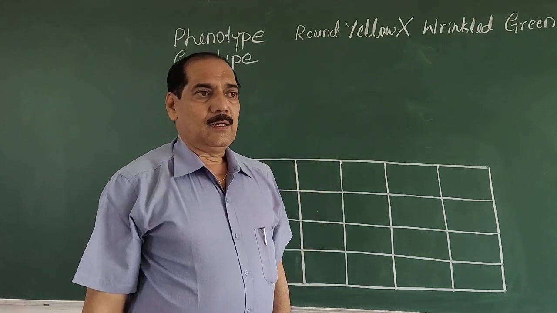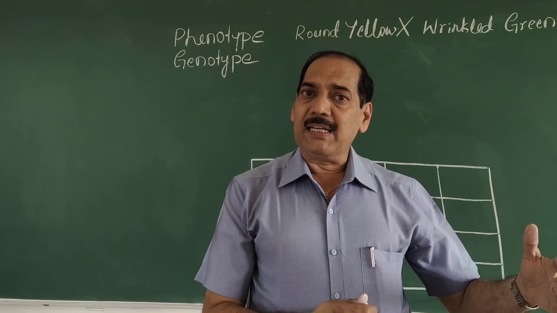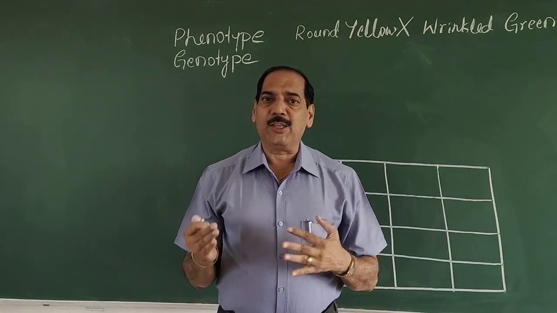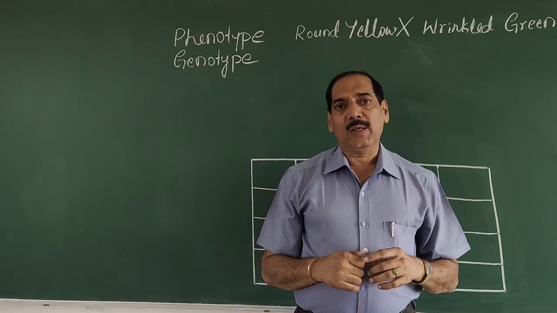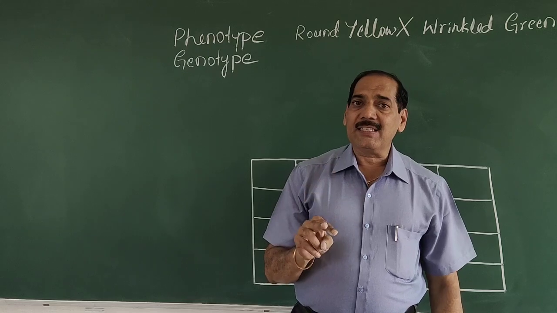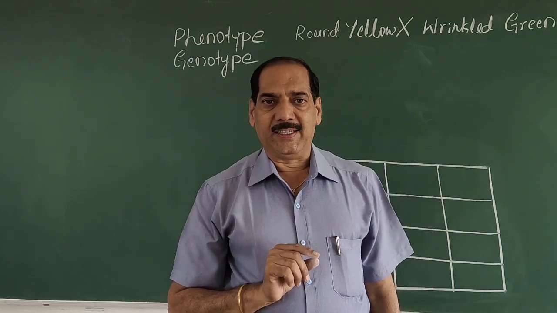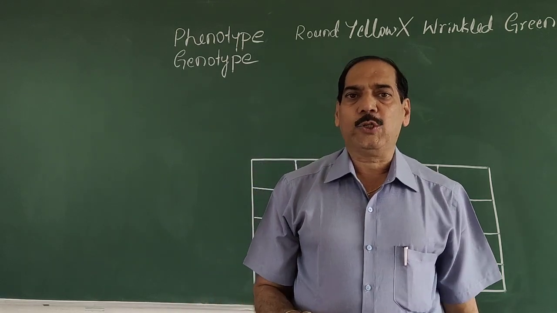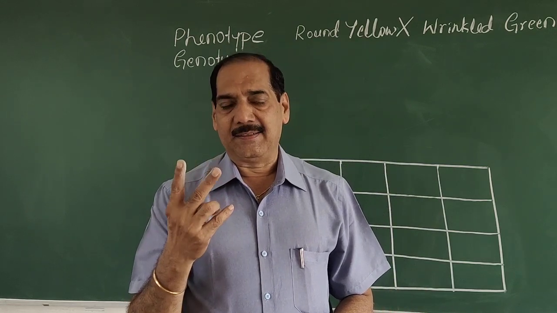Yesterday we took for tall a capital T and capital T. Dwarf we denoted with a small t. Why did we take two letters? Those two letters denote the allele or a factor, because I said that all sexually reproducing organisms have two parents.